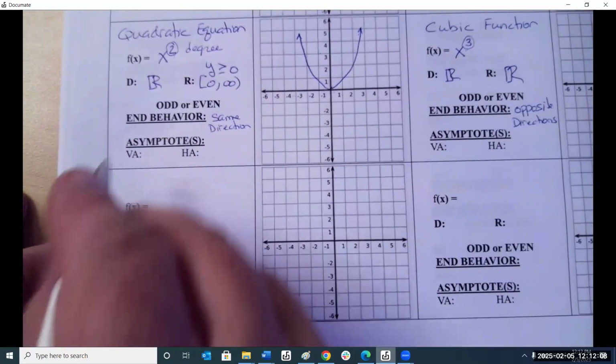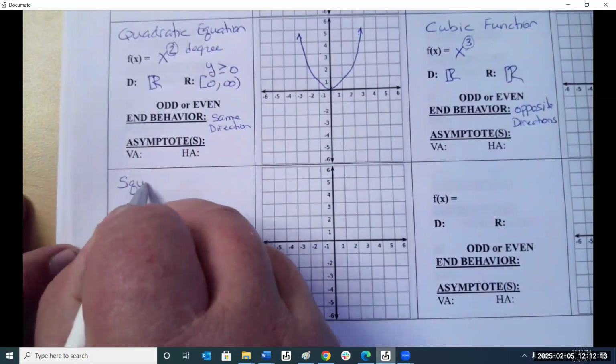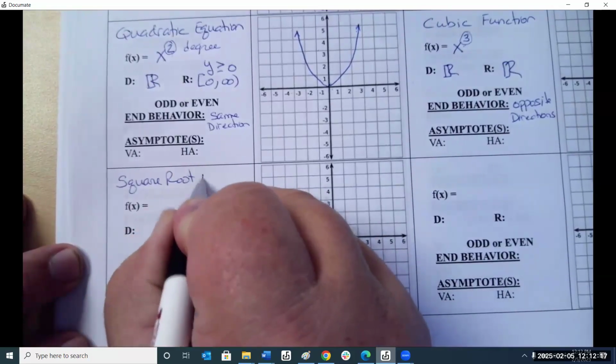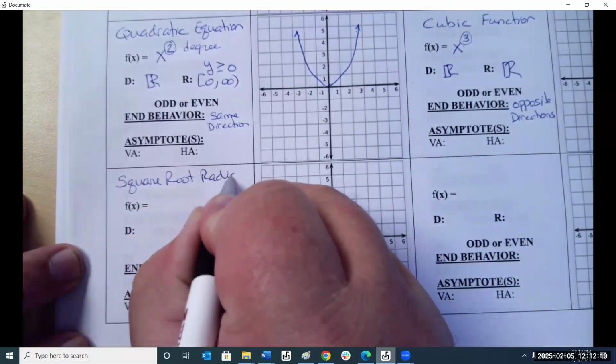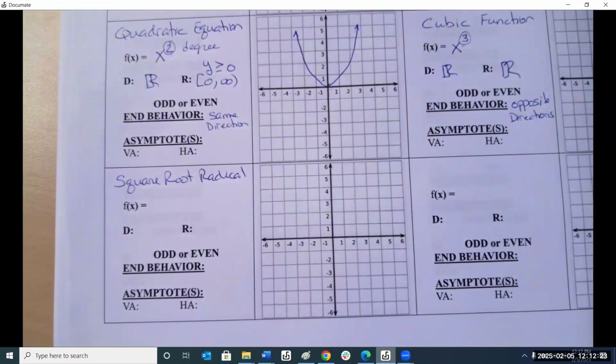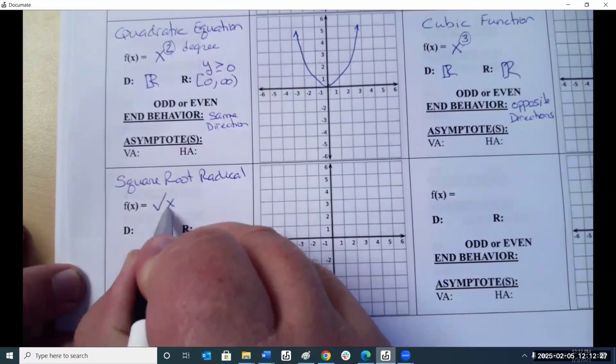All right. So let's look at the square root radical. When we say radical, we mean that little symbol there.